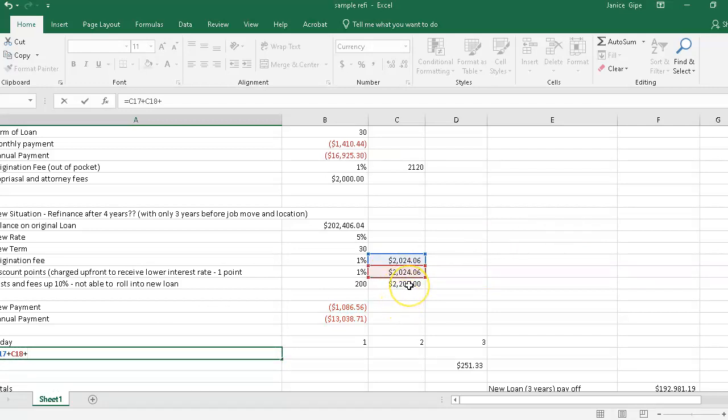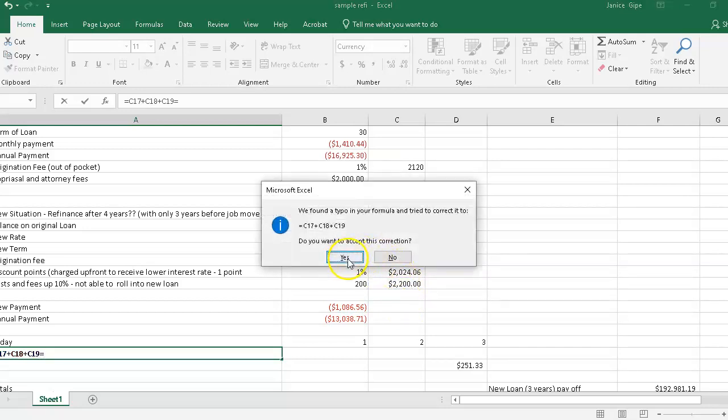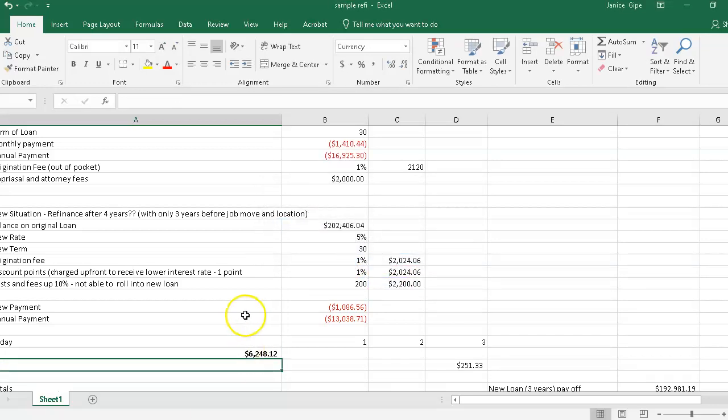Plus this amount. Okay. And that is a negative 6,248.12.